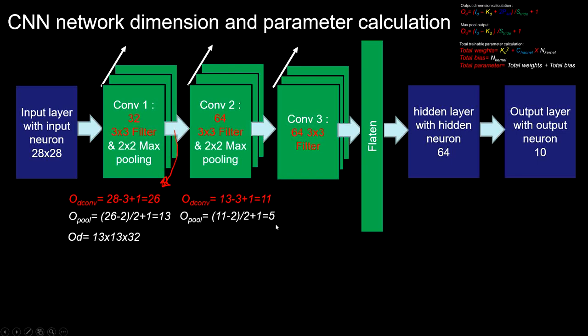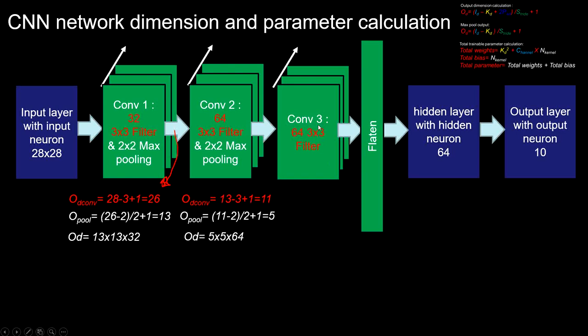So the output dimension will be 5 times 5. Since you have 64 kernels for the second convolution layer, the output dimension of convolutional 2 will be 5 times 5 times 64.